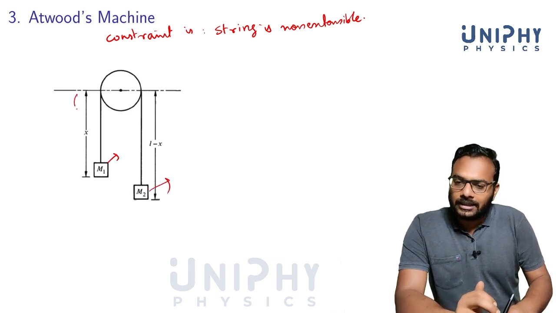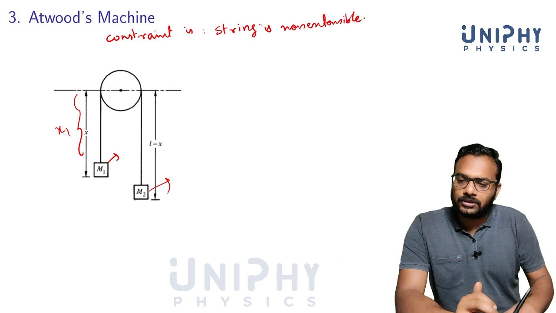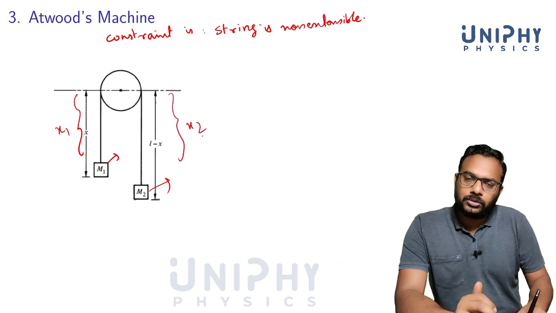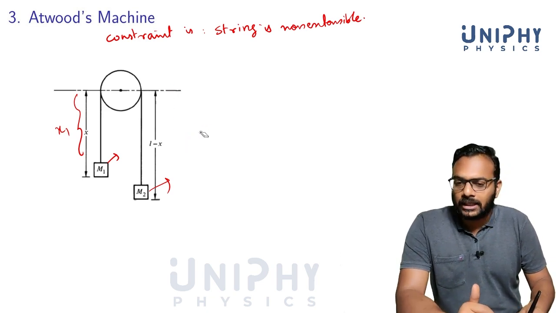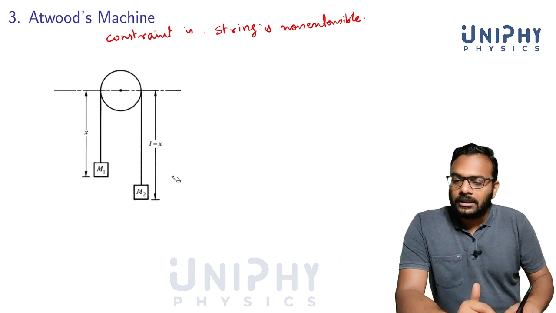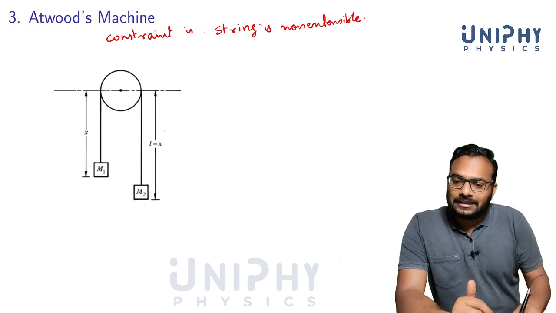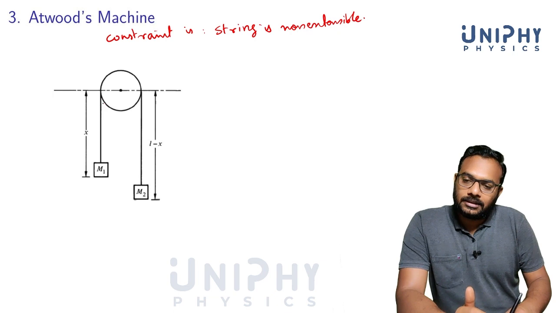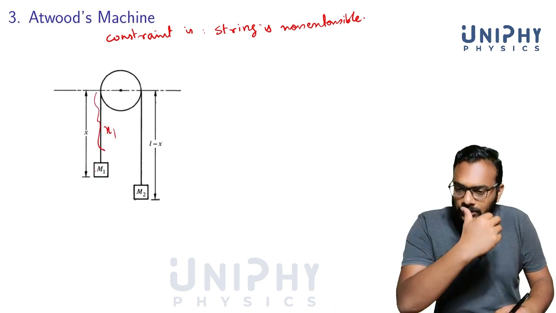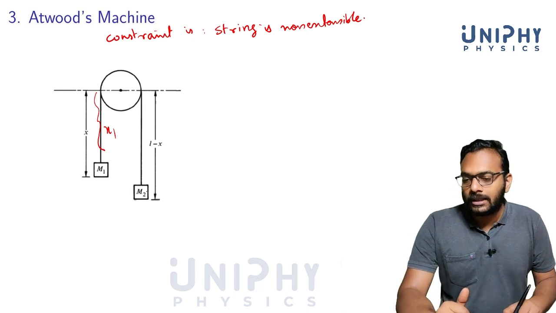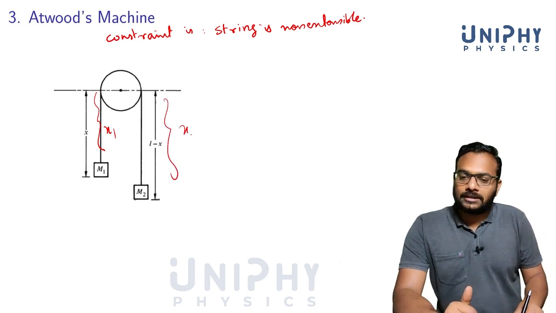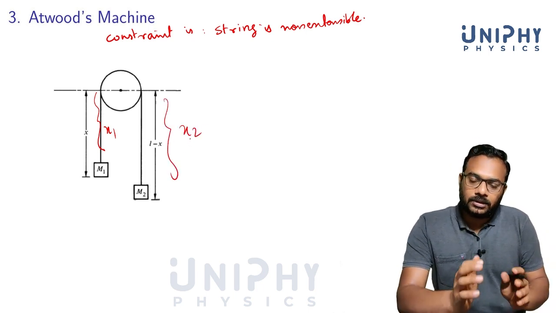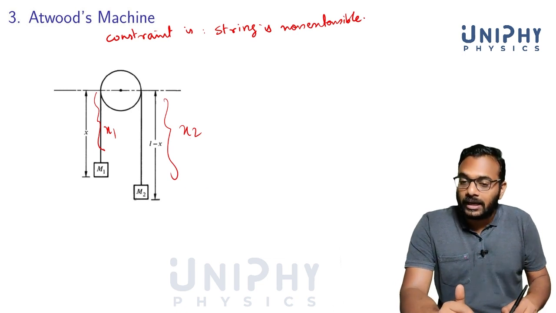We can call this x1 and this x2. If you take this distance as x1 to specify the position of m1, and x2 as the coordinate to specify the position of m2.